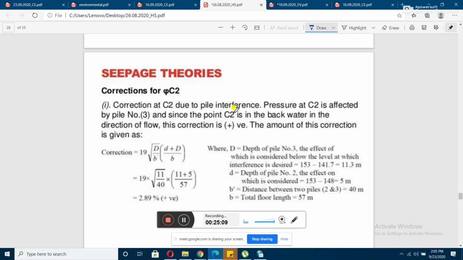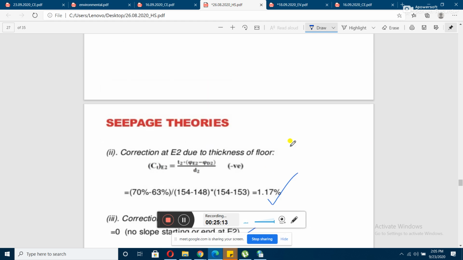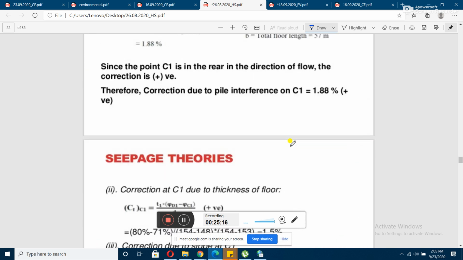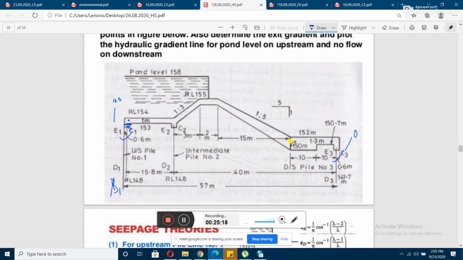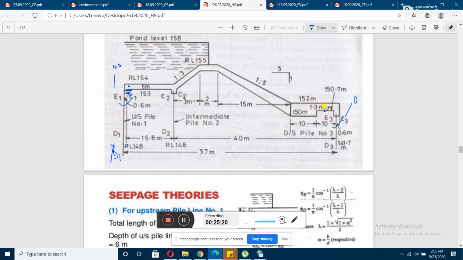So for that purpose, I guess I have told you, we will be considering the depth of this pile from this point. Okay, just try to get this one, the depth of the pile will be considered from the bottom fiber of your floor itself.